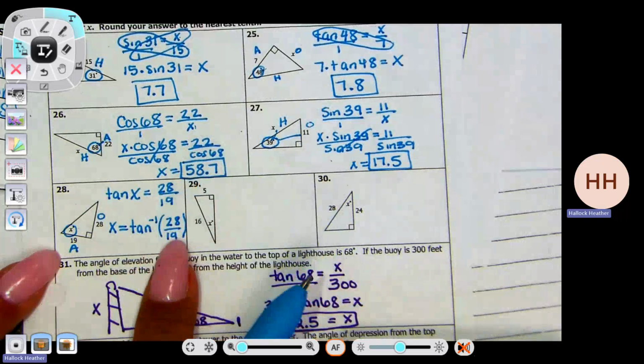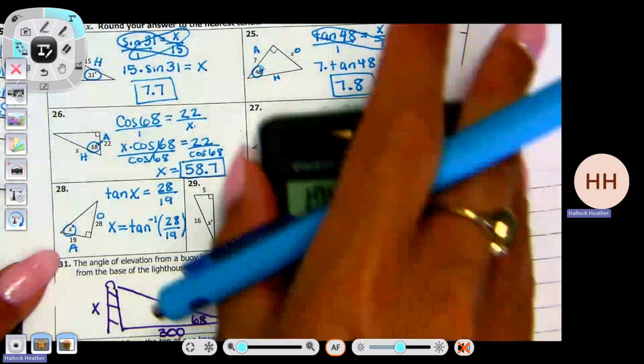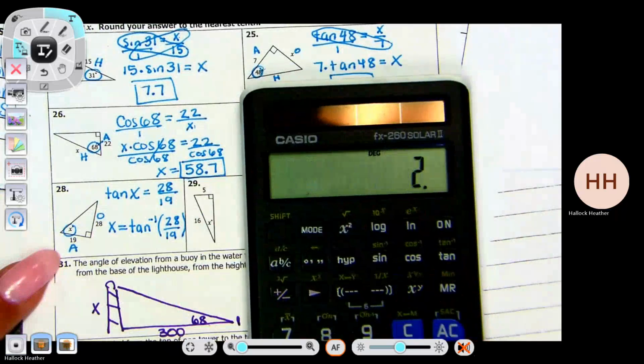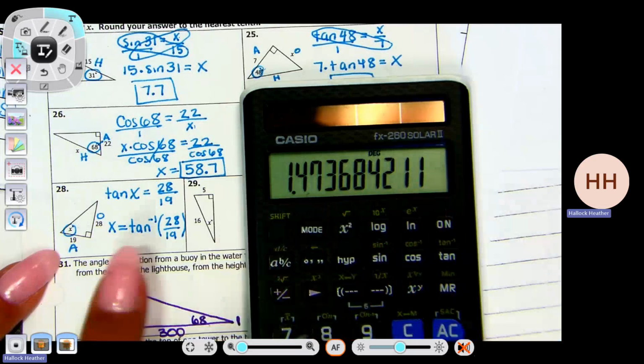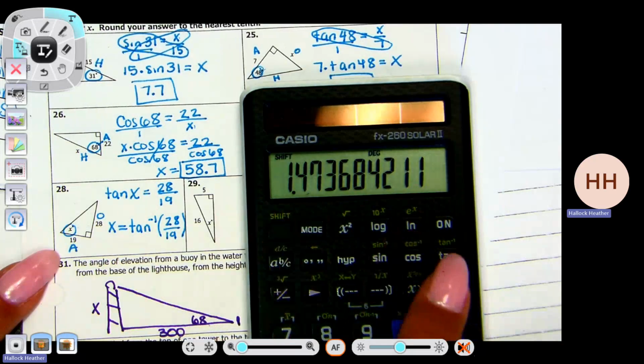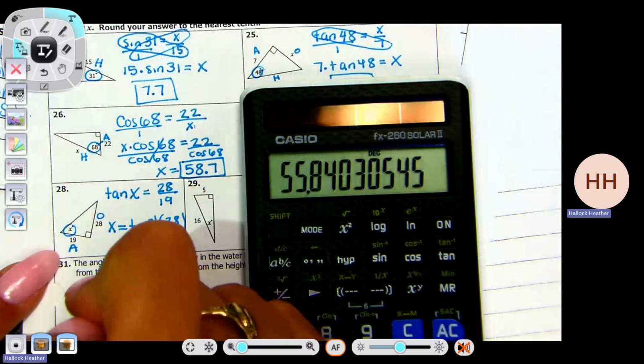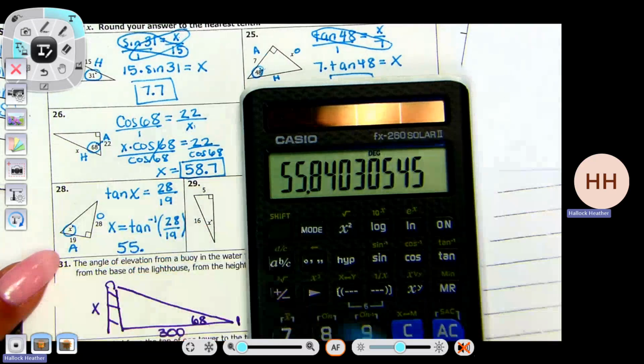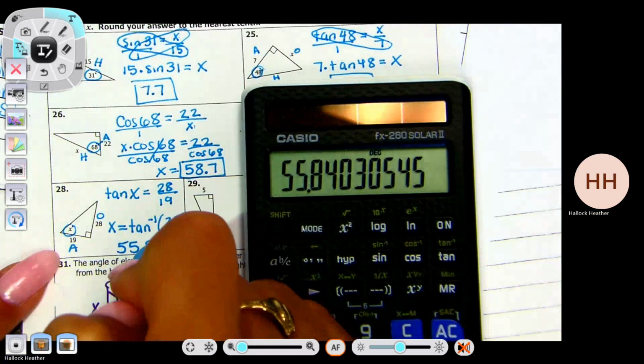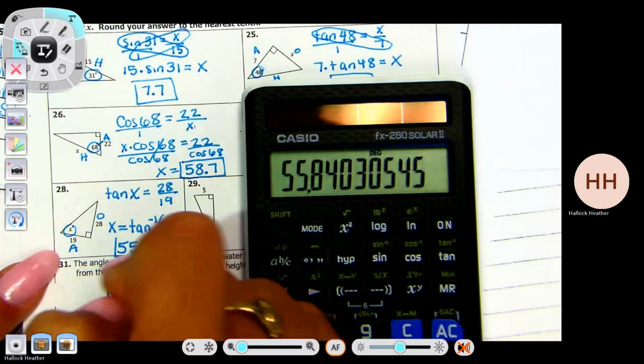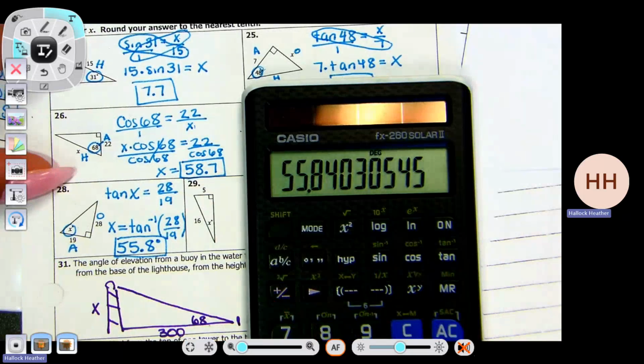So I have to divide this first. So in the calculator, let's take 28, divide by 19, press equals, you get this decimal. Now I need the inverse because I'm trying to find the angle. So I'm going to shift tangent. So my angle is 55.8 degrees.